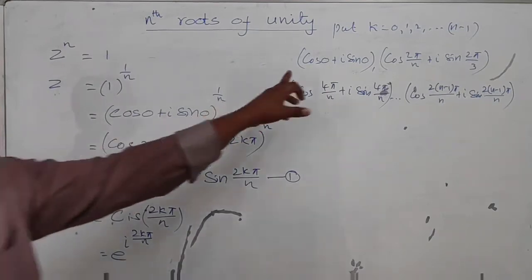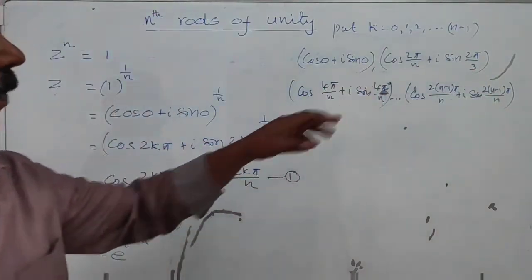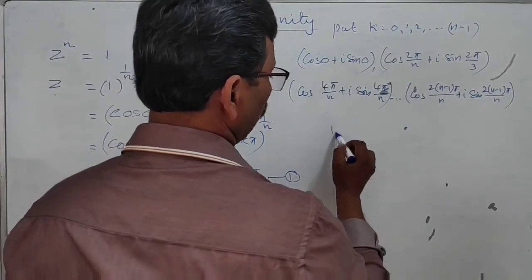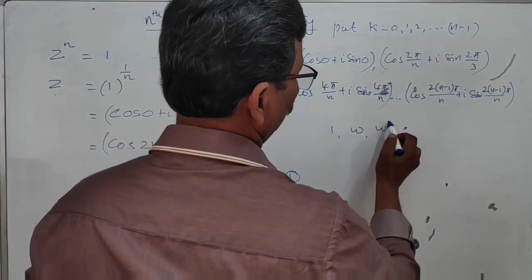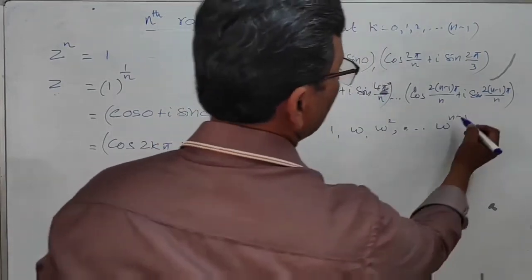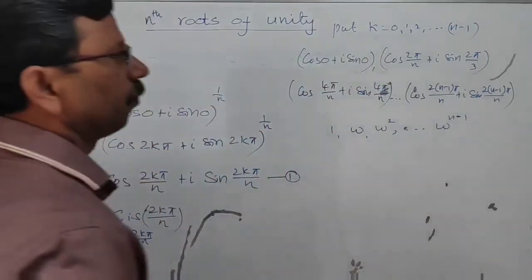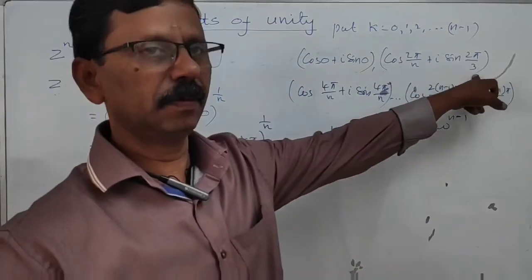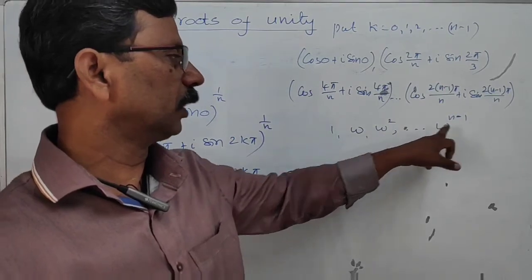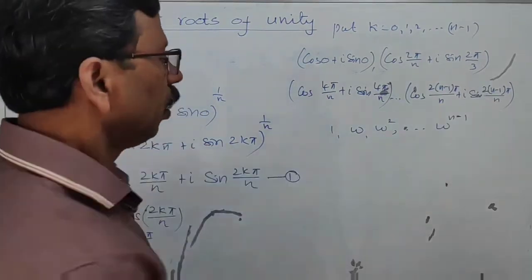Now these are the n complex numbers. These roots are denoted by 1, omega, omega square, etc., omega power n minus 1. We are symbolically denoting these complex numbers respectively as 1, omega, omega square, etc., omega power n minus 1.